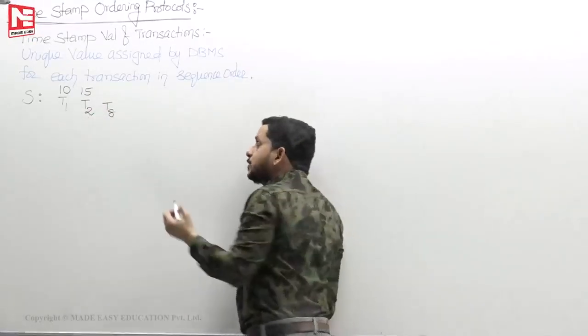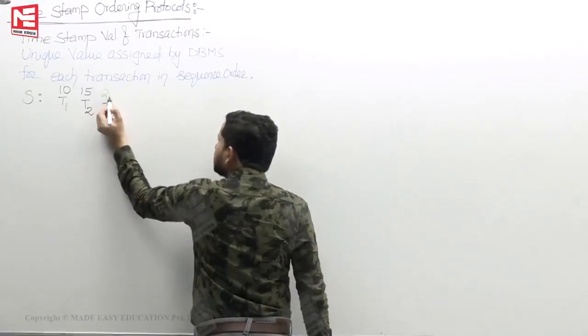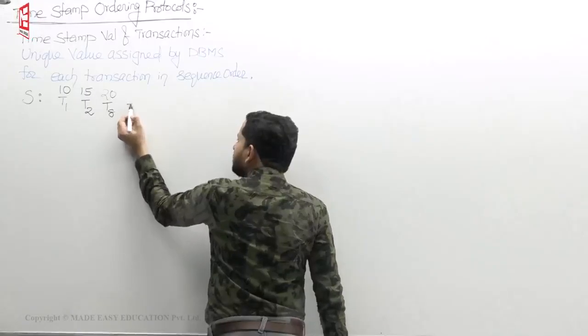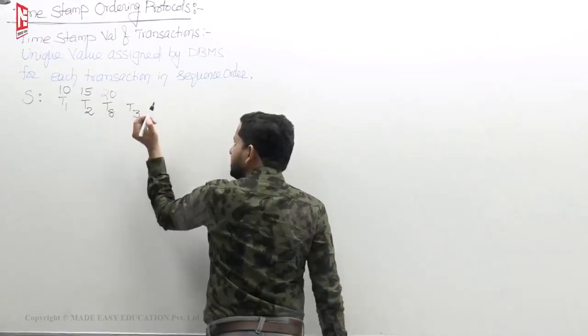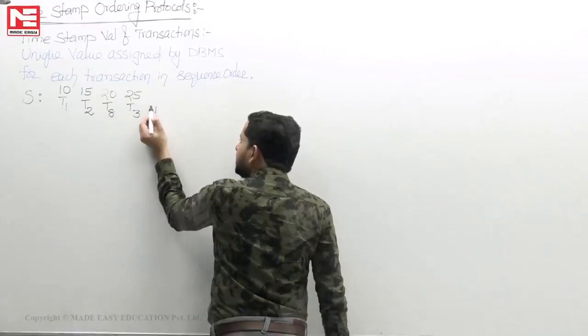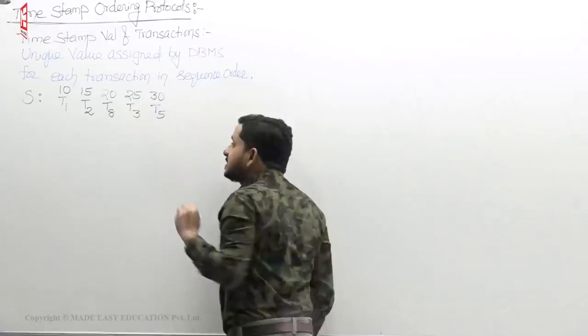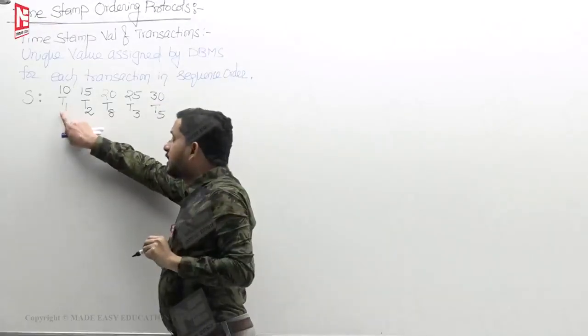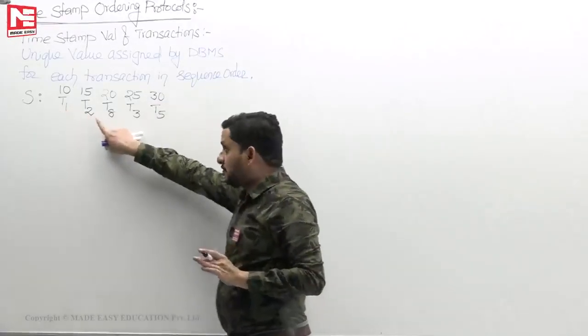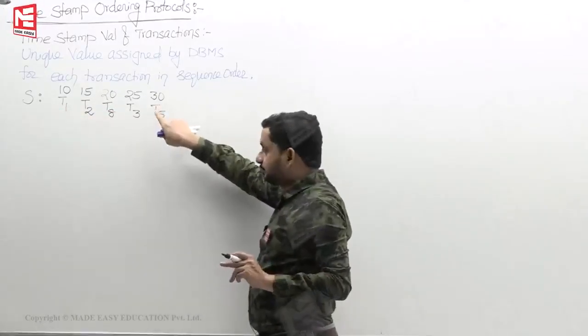Then timestamp is 20. Assume after that T3 begins, then timestamp is 25. Assume after that some T5 begins, then timestamp is 30, like this. So T1 begins first, after that T2, and the timestamp of T2 is more than that, and so on.